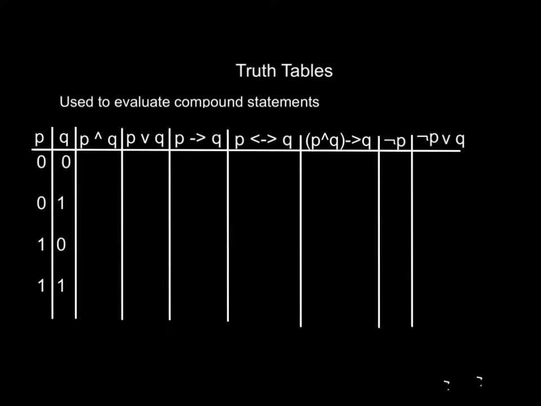Okay, so when we then go and evaluate a compound statement such as P and Q, we write in our truth values. Now P and Q is true only when both P and Q are true. P or Q is true when either P or Q or both is true.